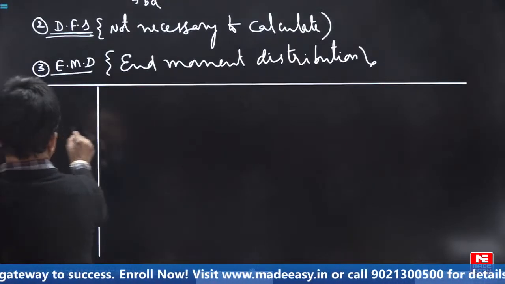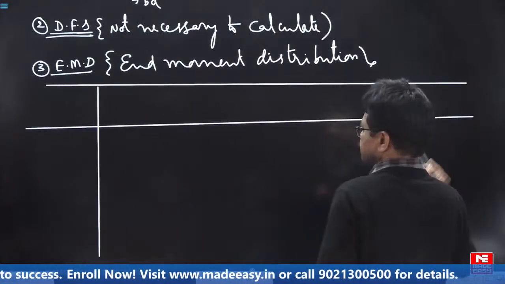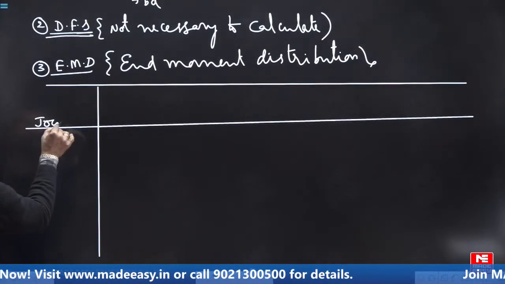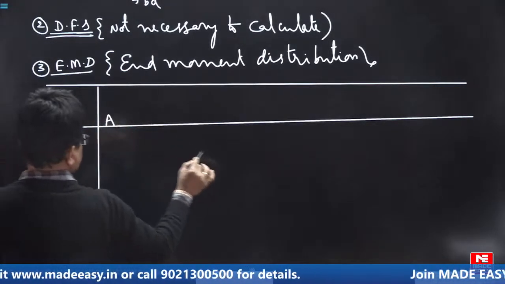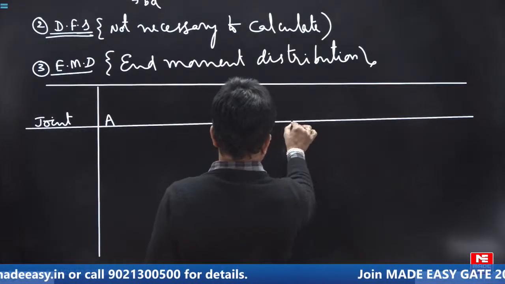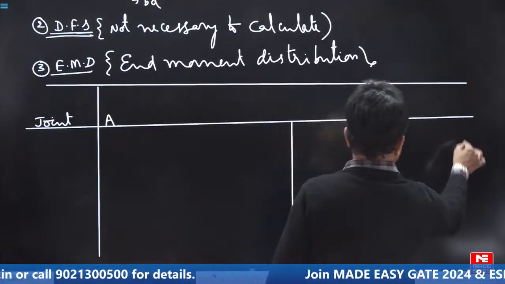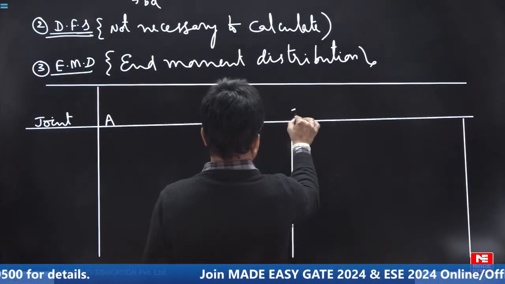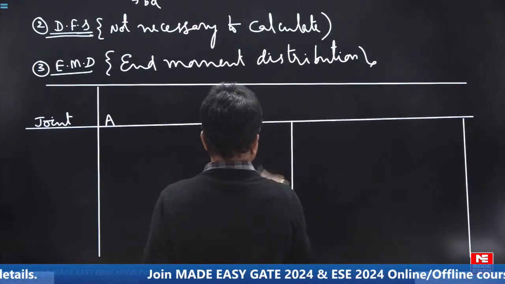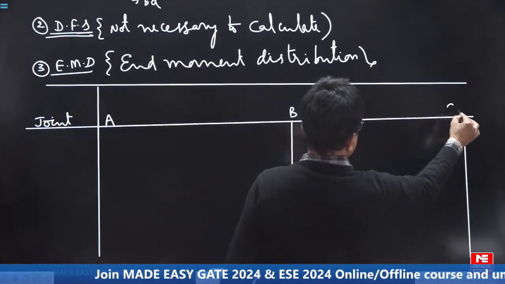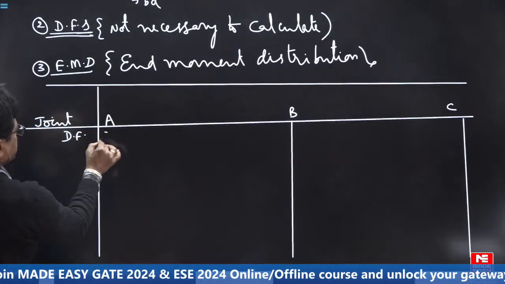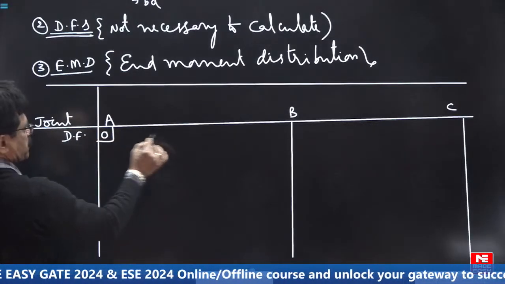End moment distribution. Joint, this is A, B and C. Now distribution factors, this is what we have listed out. Here it is 0, fixed support.